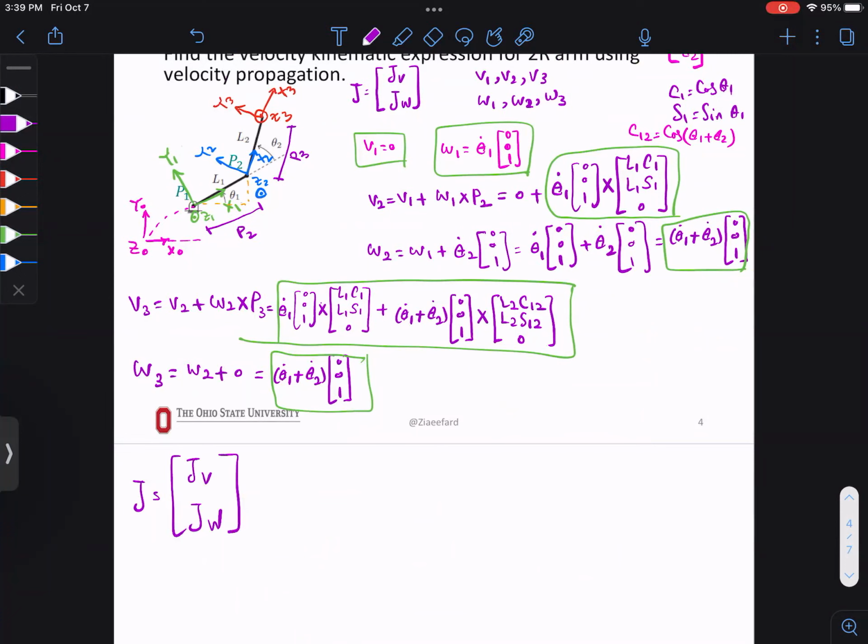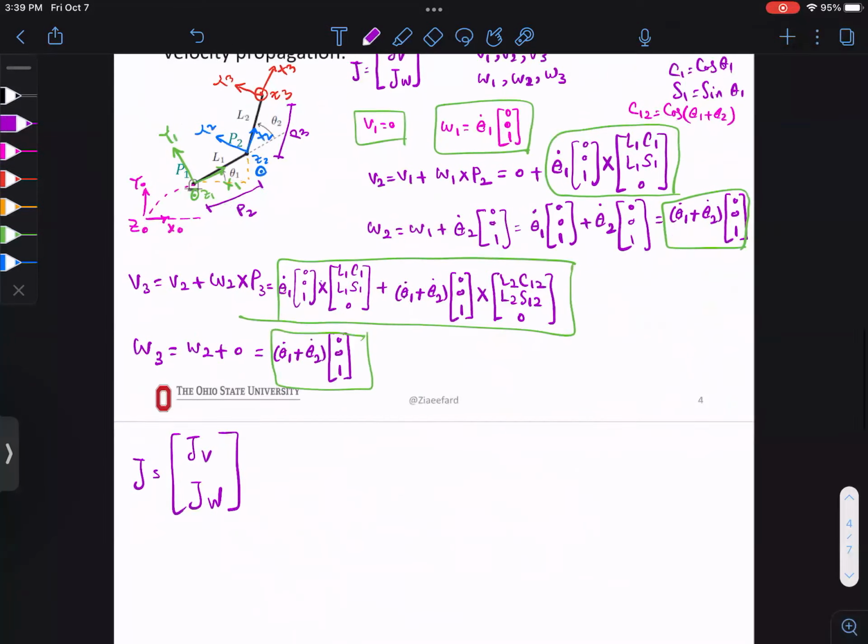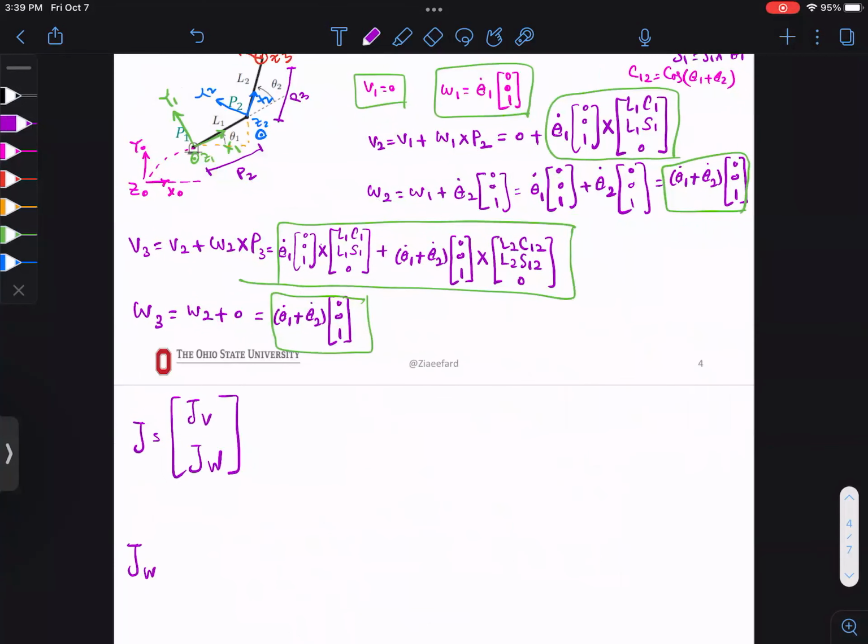All right. How do we write this one? For this one now, J omega is a mapping, right? We're going to put the axes. How many joints do we have? Two. We have two omegas, omega 1 and omega 2, right?